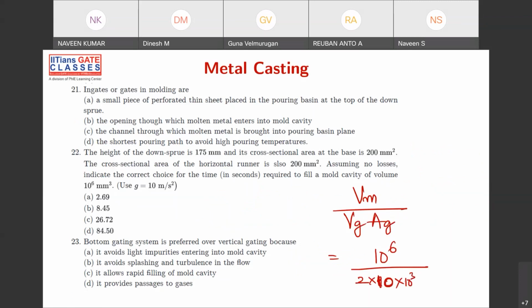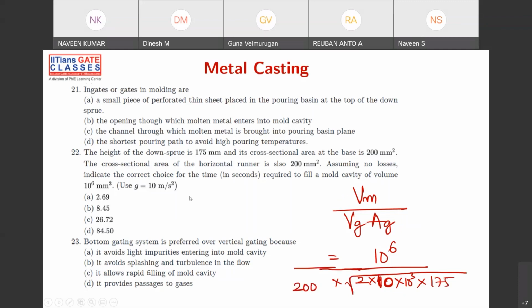Because you have to convert that into mm. G you have to convert into mm into HT. What is HT? Height is 175 under root into area of ingot. What was the area of ingot? That is 200.